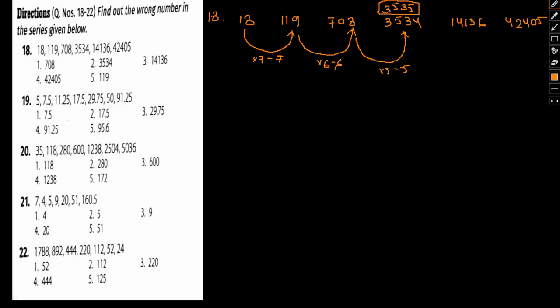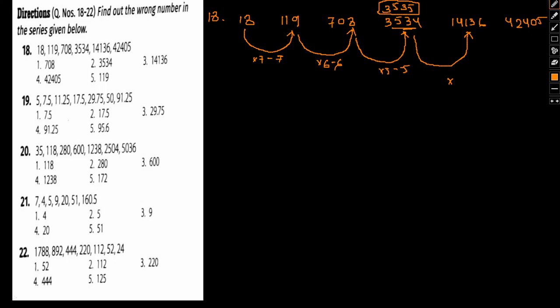If we further extend, let's start off with 3535, since I'm assuming the given number to be the wrong one. From 3535, let me multiply this by 4. So 3535 into 4 is 14140, minus 4 gives 14136, yes, correct.